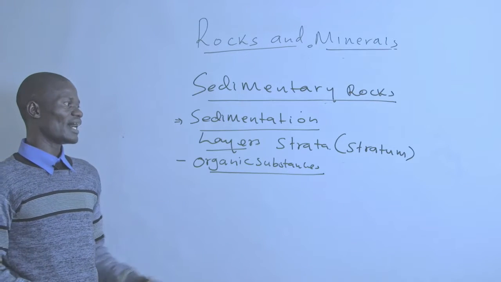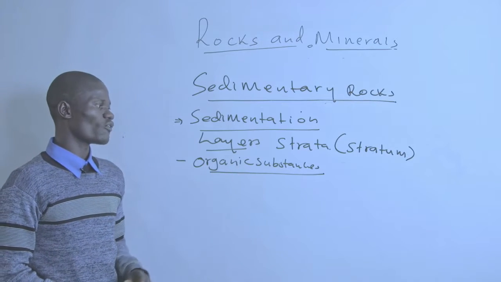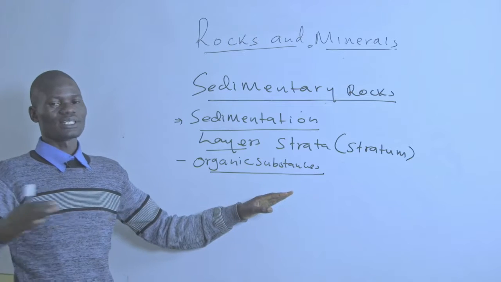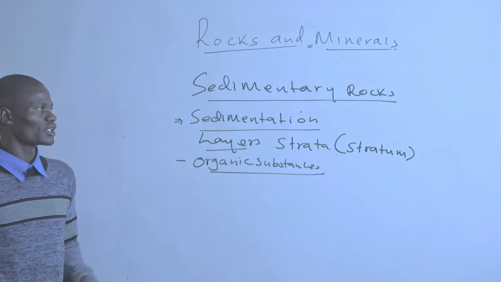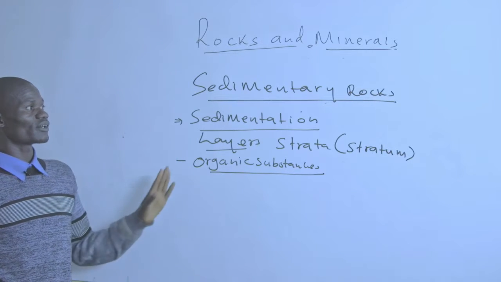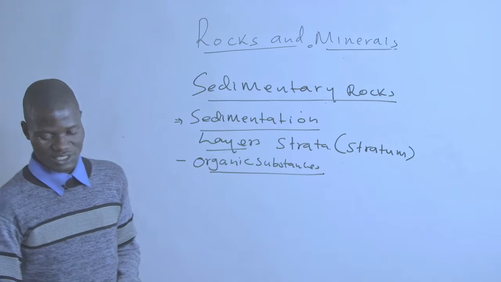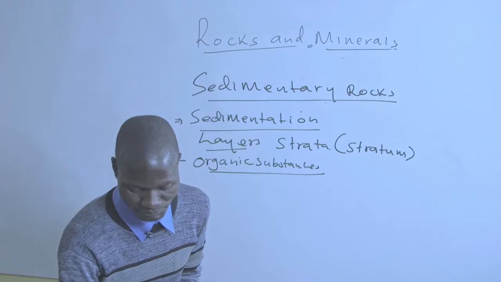They will be laid down and then compacted together. They will undergo a change of heat and pressure. They will result in another third class of rocks called metamorphic rocks. But here we'll only narrow down on sedimentary rocks so that we are able to understand them better.